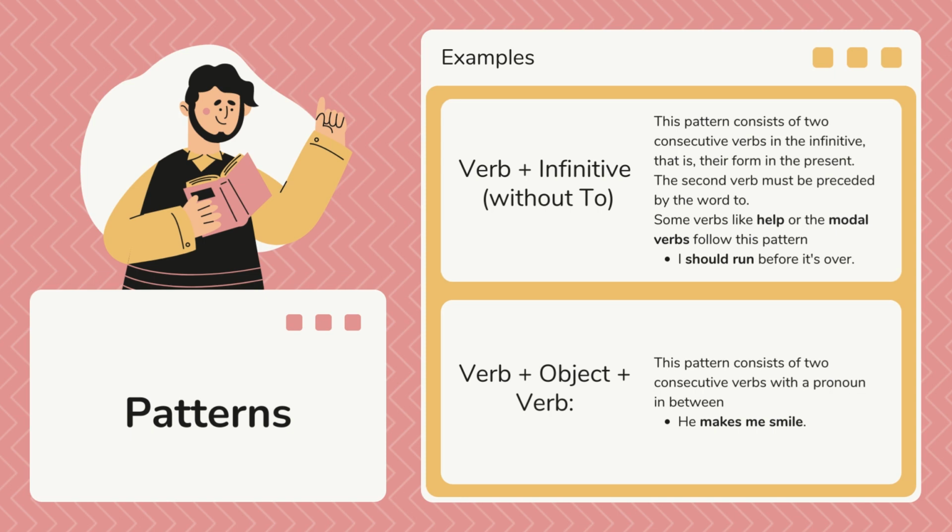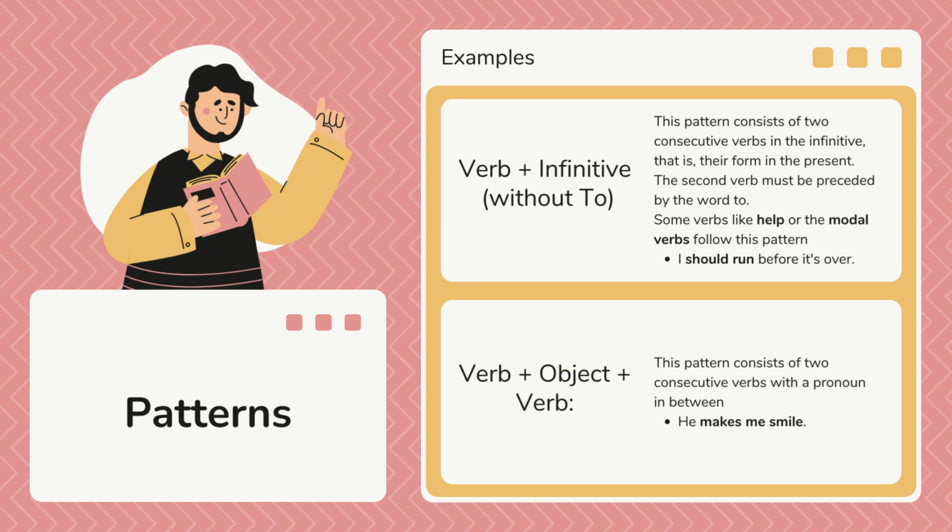It's just should and run. I should run before it's over. So there's no to. It's common with modal verbs like will, shall, would, could, should, must. It's very common and that's the proper way to do it. You can't say things like I can't to play. No, I can play, and that's it. We don't need to join them.